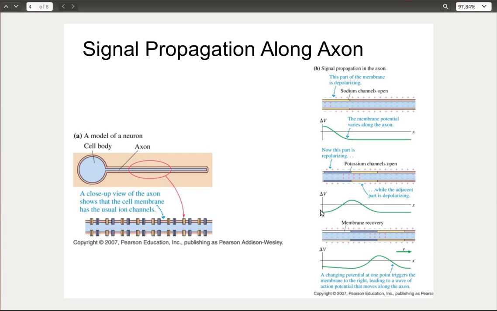And so you get this wave where most of the axon has a negative 70, but there's a short stretch where the potential goes up to positive 40 and then back down. That represents the stretch where there's a combination of sodium and potassium channels opening. That stretch of channels moves along the axon, and that is what nerve signal propagation is.